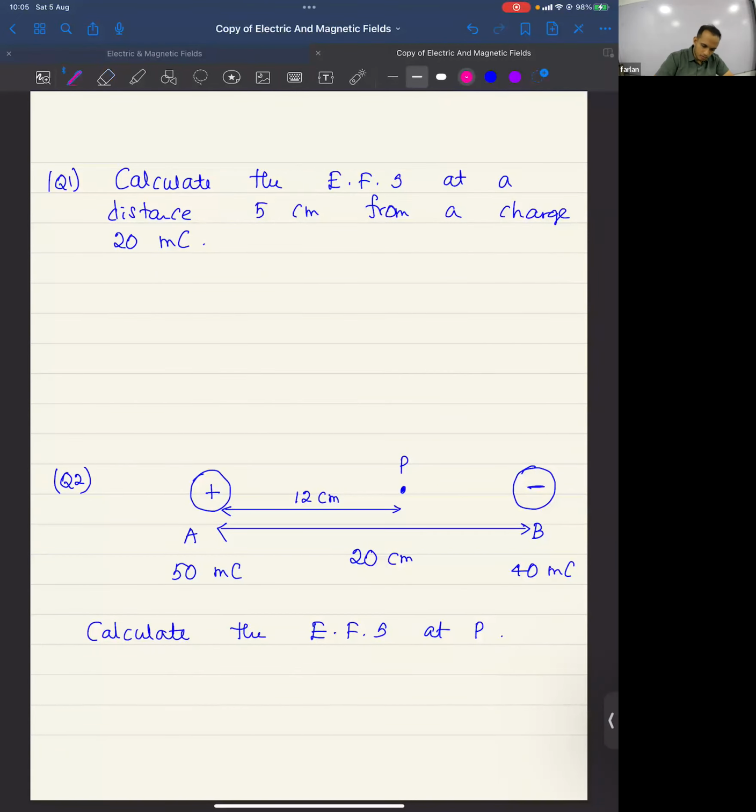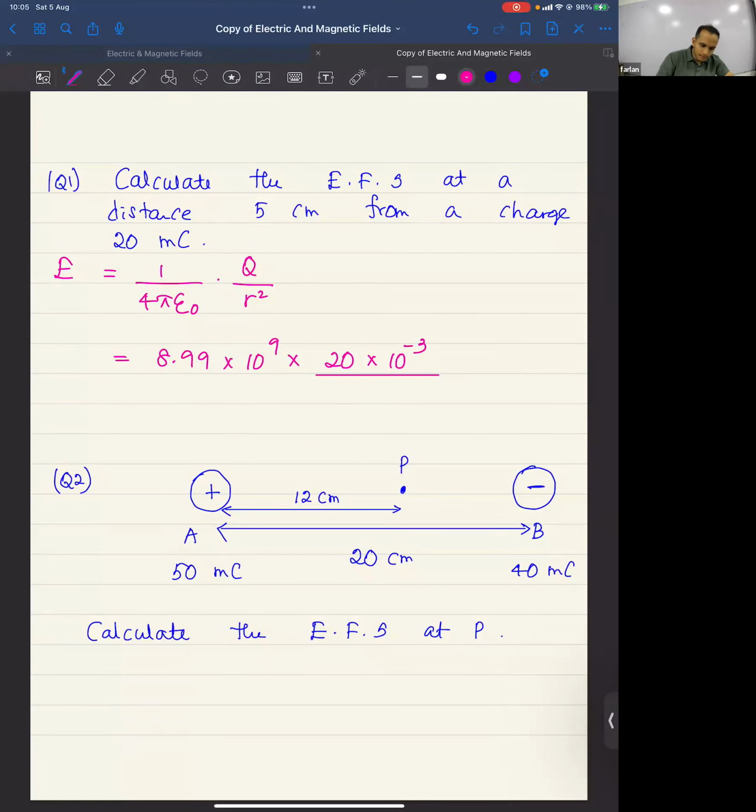So guys, the electric field strength will be 1/4 pi epsilon naught Q over R square. How much is 1/4 pi epsilon naught? 8.99 into 10 to the power 9 in SI units. Q is 20 millicoulombs, that's 20 into 10 to the power minus 3.